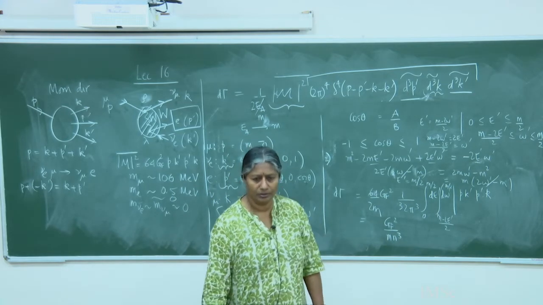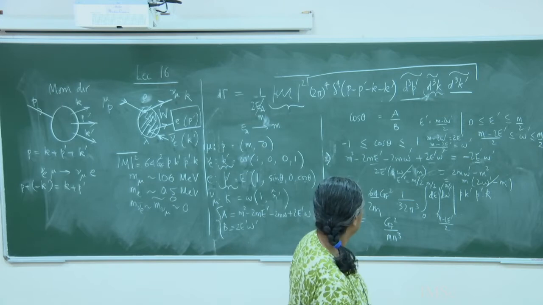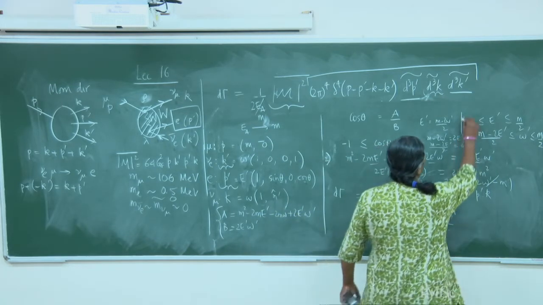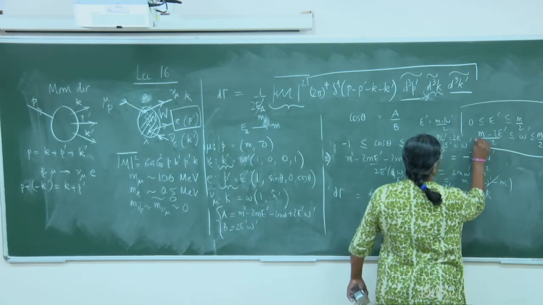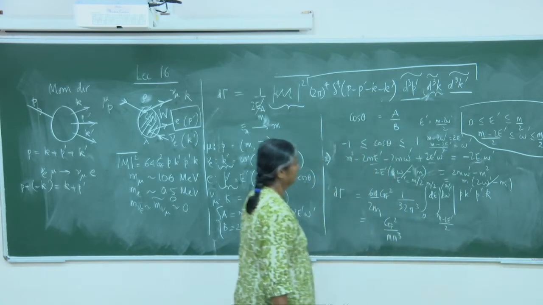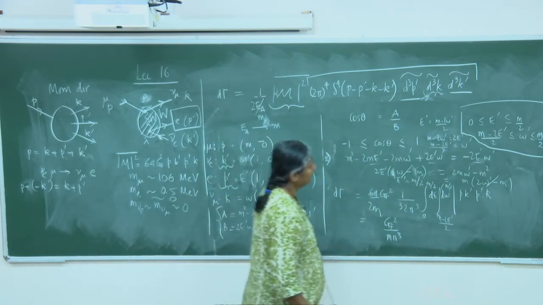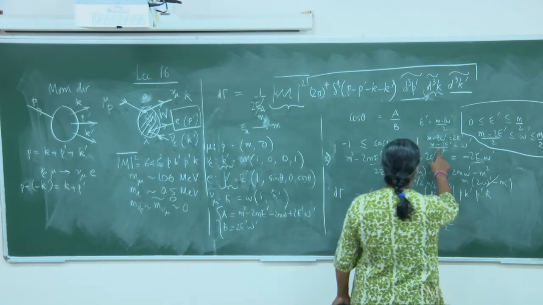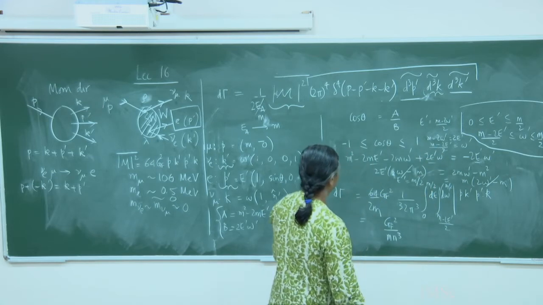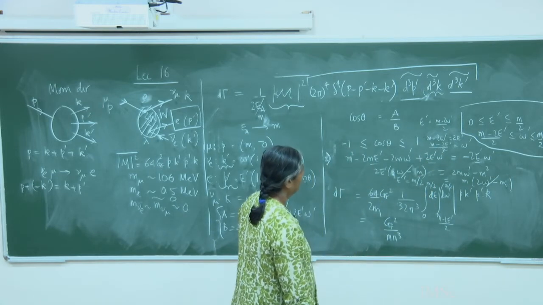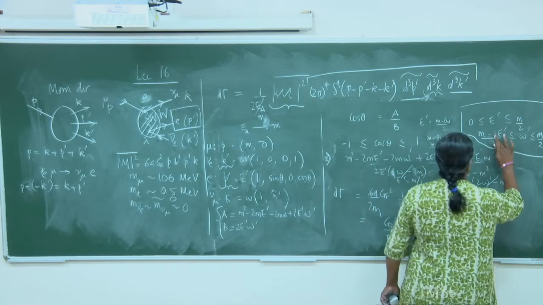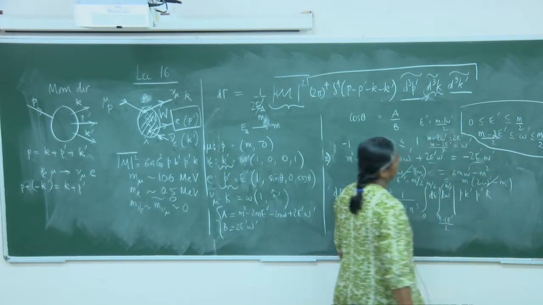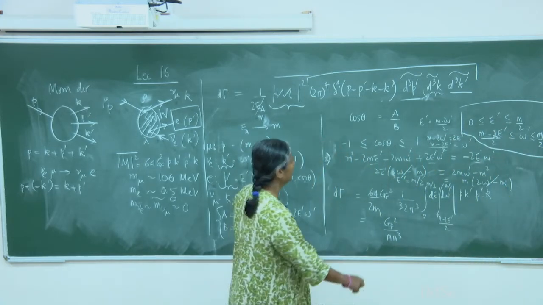Ma'am, what is written with E dash in the limit actually? Here I have written the limits over here, no? Is that 2 m minus 2 E prime by 2? Yeah, m minus 2 E prime, no? Here we got m minus 2E, so that is 2, right, in front of E dash. Yeah. Sorry, my handwriting is bad. Okay, here, m minus 2E prime. That came from here, right?